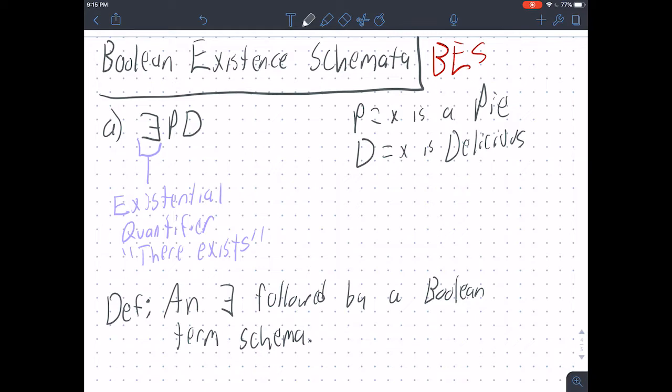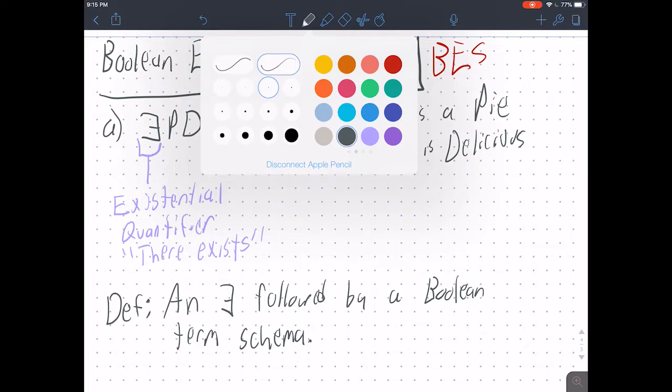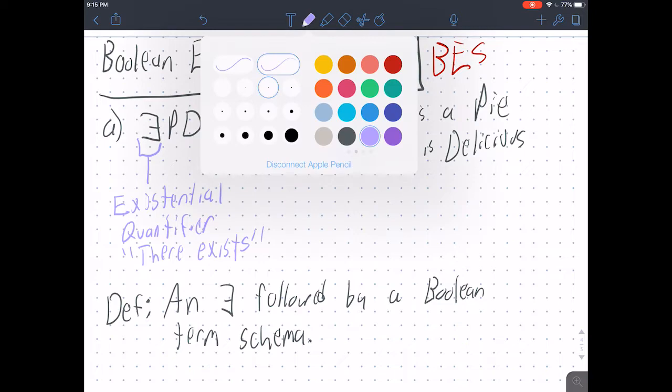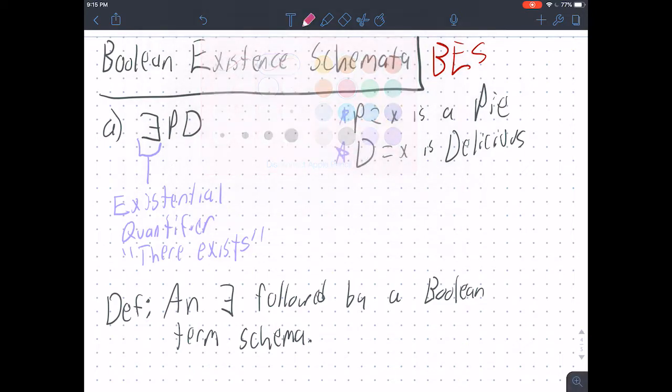If we put in for the term P, X is a pie, and for the term D in our schema, X is delicious, remembering we're abbreviating away the X, we would read this sentence as some pies are delicious, or there exist delicious pies.